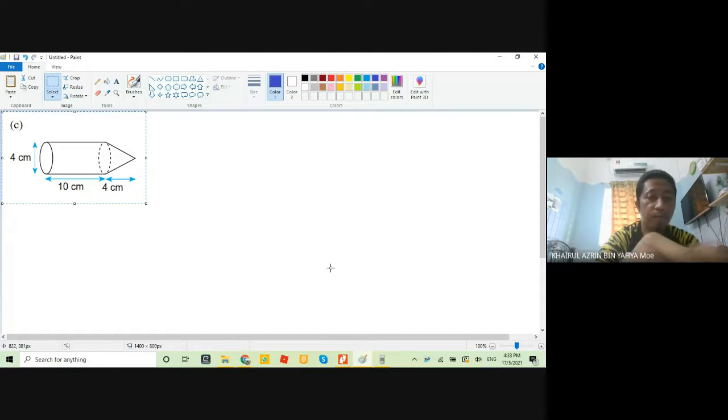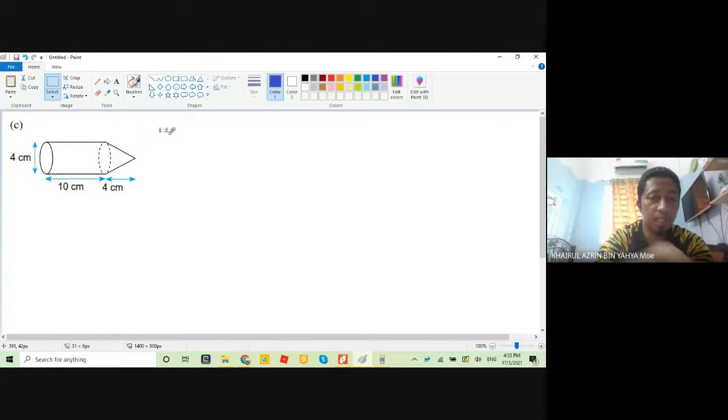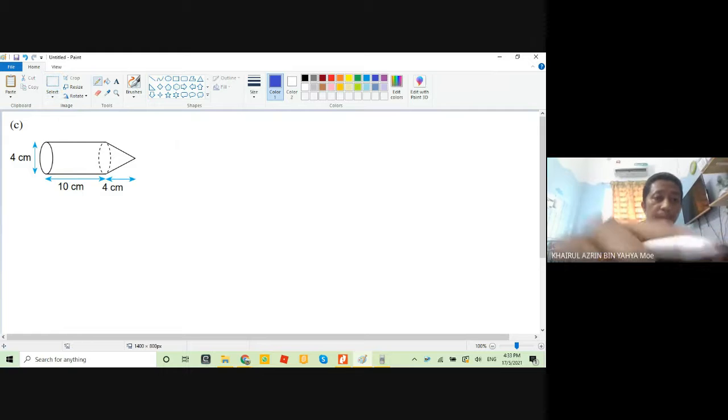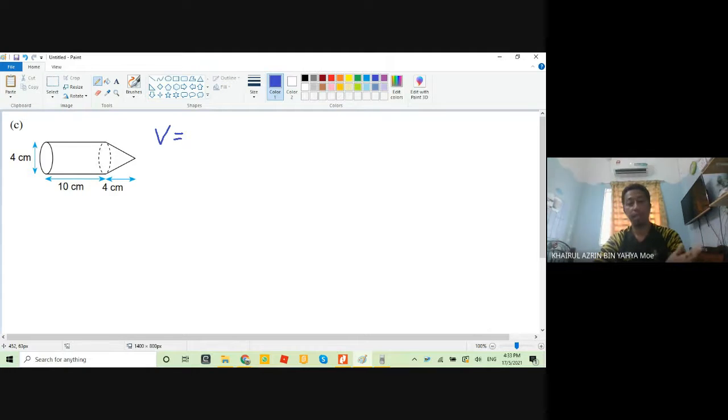So to find the volume, let me write here. Volume of a cylinder is the base, pi r square, the circle, times the height. The height here is 10. And for the cone, the formula is 1/3 pi r square times h.